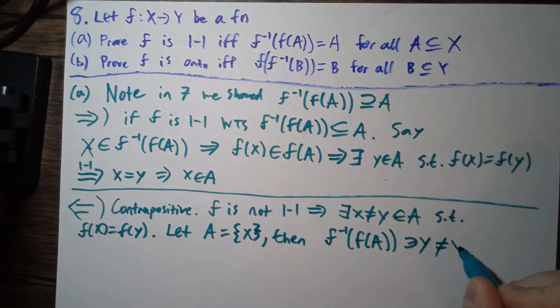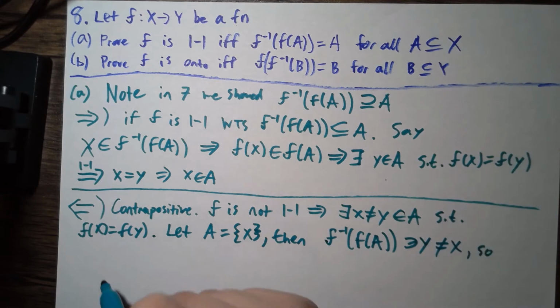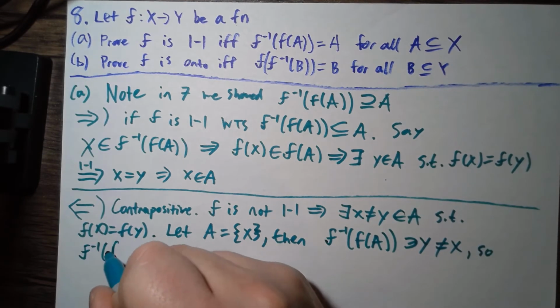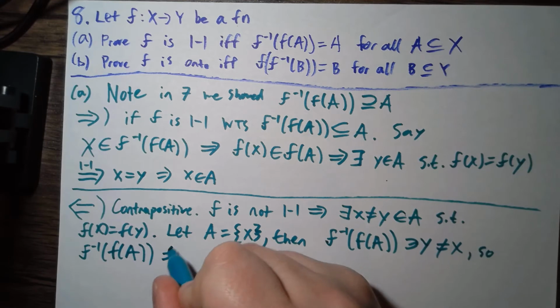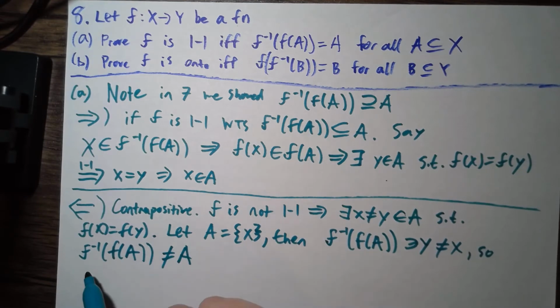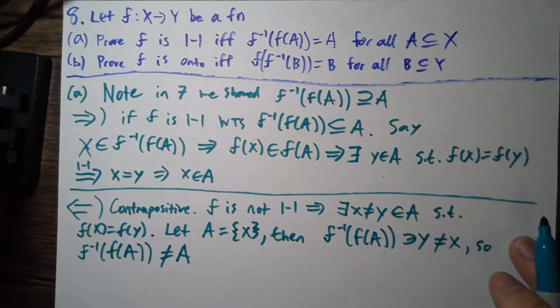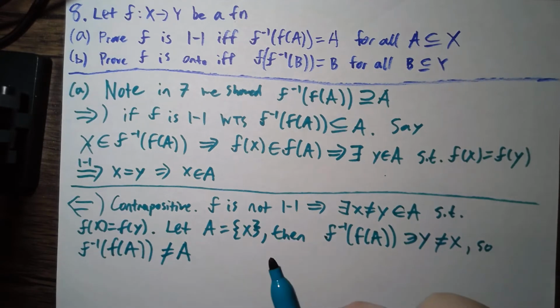But y is not equal to x, so f inverse of f of A is not equal to A, because it contains some element not in A. So that proves the backwards direction.